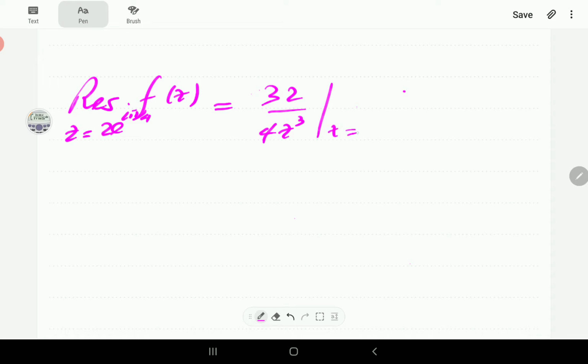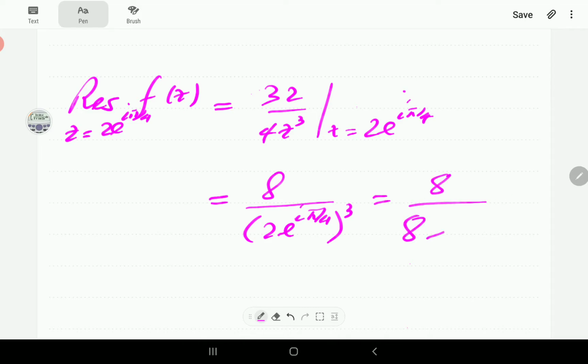Then we plug in 2e to the i pi on 4. So 32 over 4 is 8. Going to be 8 over 2e to the i pi on 4 cubed.